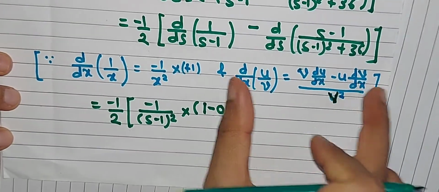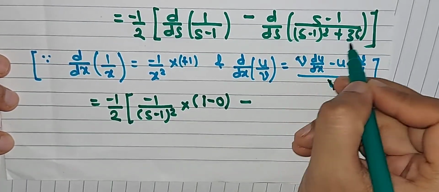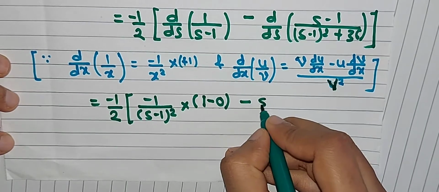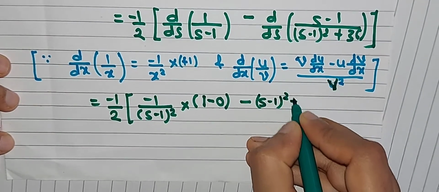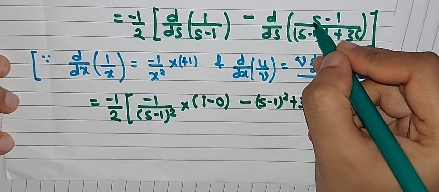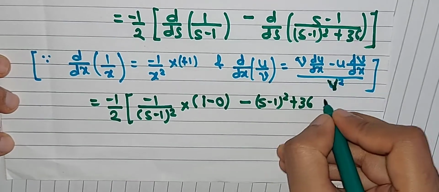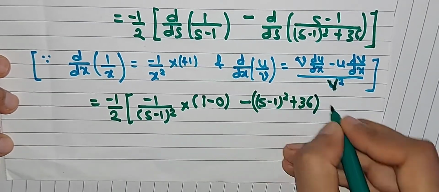So with the help of this formula we will solve this example. Just take the denominator as it is, that is (s minus 1) squared plus 36. Now the derivative of my numerator, s minus 1, with respect to s will give us 1, that is this into 1.